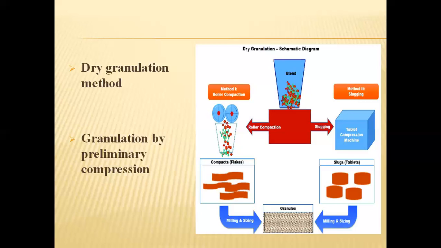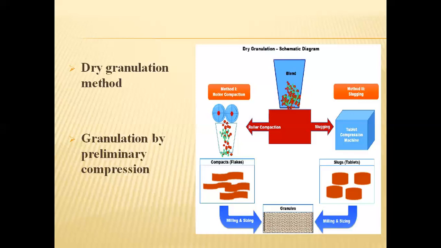And the third technique of preparing granules for tablets is granules by preliminary compression. This method is also known as slugging method. This method is generally used for those cases where the medicament or the drug is moisture sensitive. In this process, the dry powder is compressed into larger tablets or slugs.